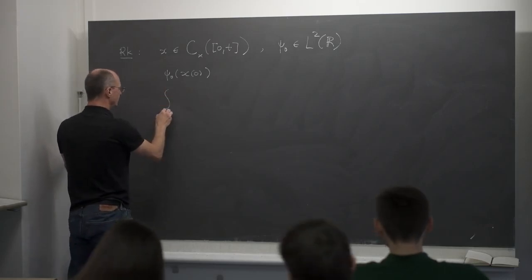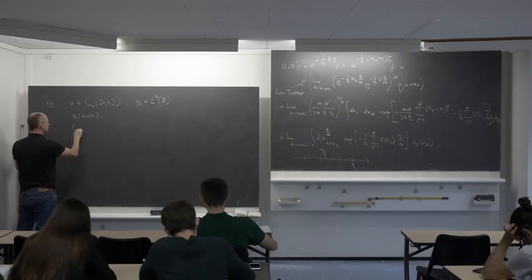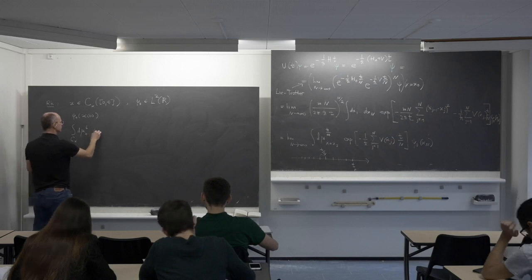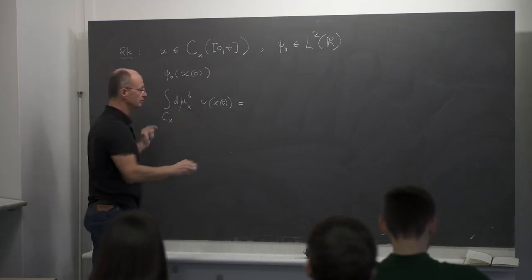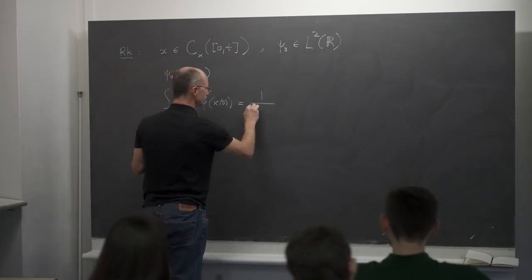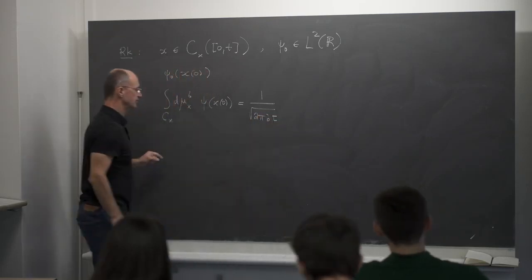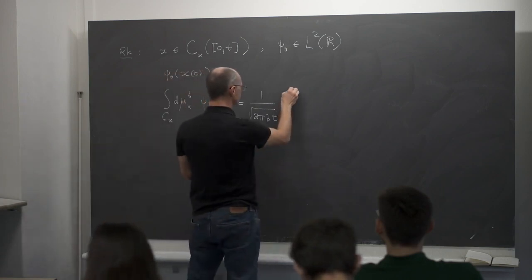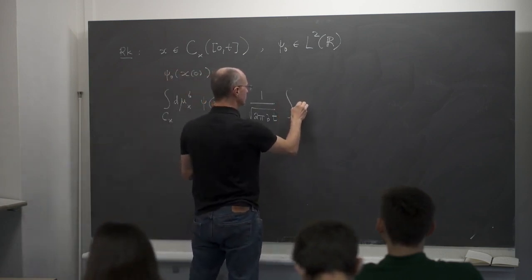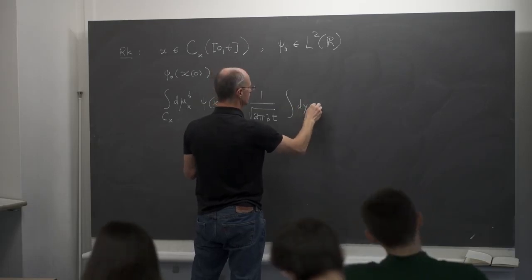Then, by definition, an integral over dx of psi naught of x of 0 is equal to this factor, 1 over square root of 2 pi sigma t, and then an integral, let's say dy.